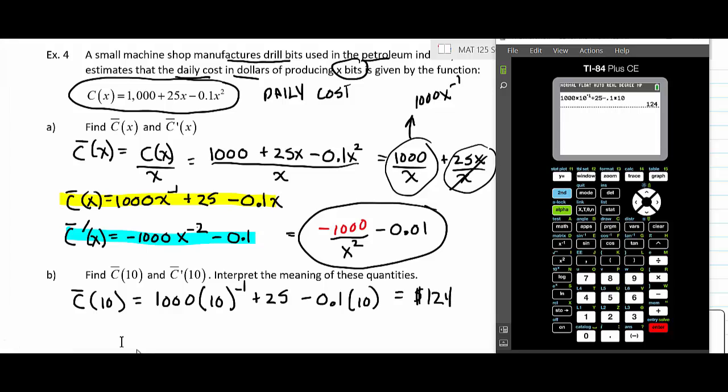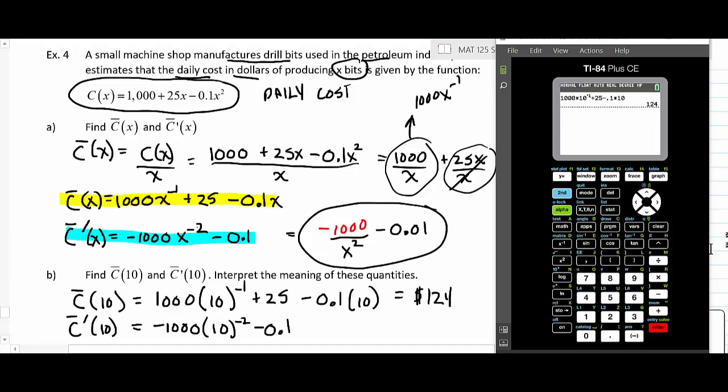Okay, if you want to do the marginal average cost, you're going to take what I have highlighted in blue, which is negative 1,000 times 10 to the negative 2, and then minus 0.1. So you can just type that in like that if you want to.